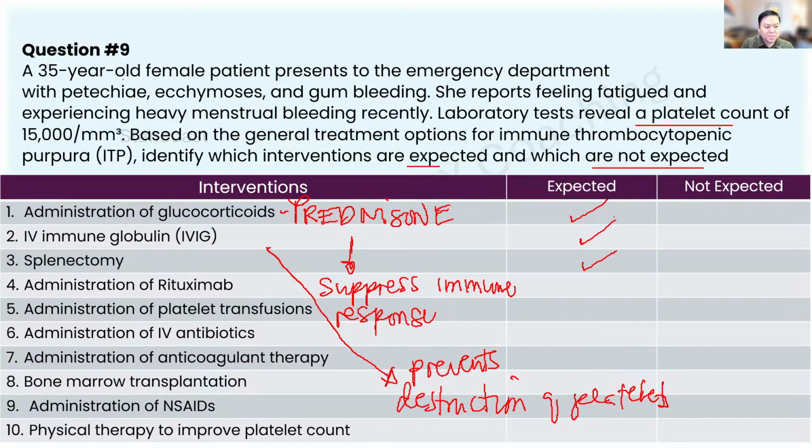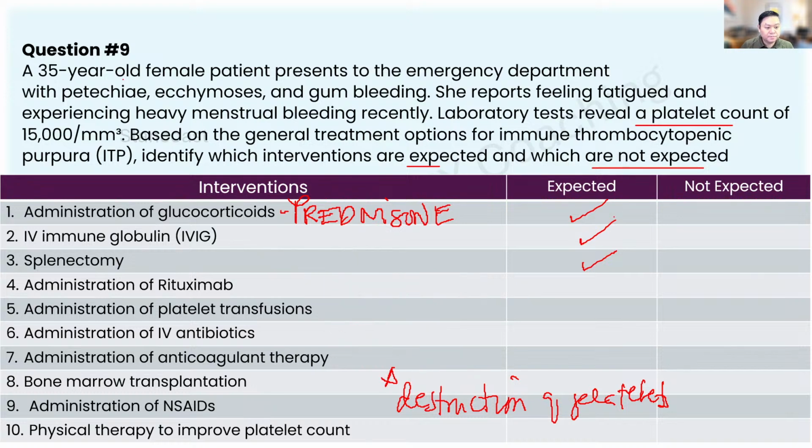What about number 4, administration of rituximab? This is a medication that is going to target the cells responsible for producing the antibodies against the platelets. Let me erase this so I have room to write on. The rituximab is a monoclonal antibody that will target that specific protein.